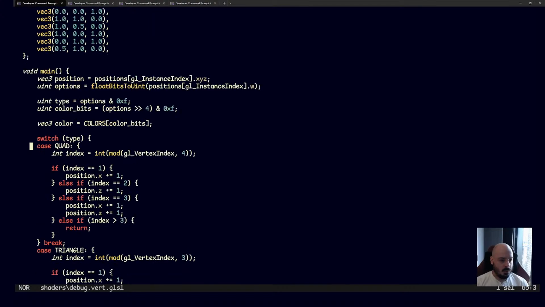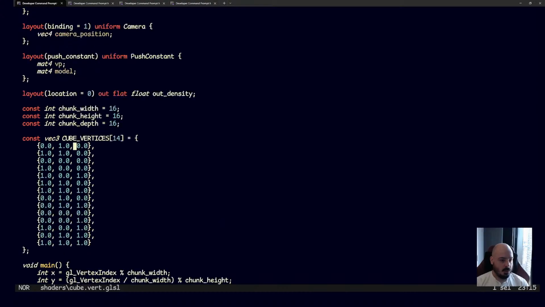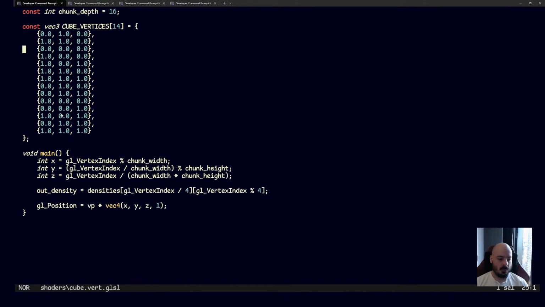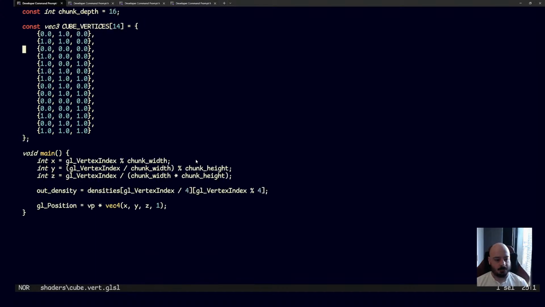Right. So the thing about this cube vertex shader is we actually use 14 vertices per cube, but with the point cloud, we're using obviously one vertex per position. Now, could we do something where we use the vertex index divided by 14 and then we just send in 14 times more vertices?